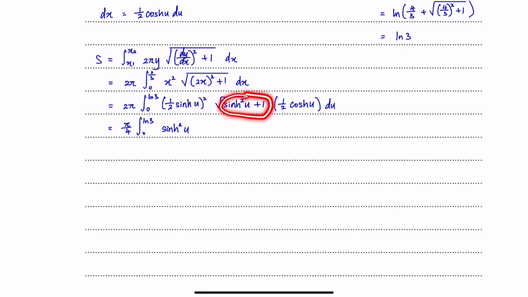Okay, sine squared u plus 1 is cos squared u. And now we can see that this whole thing is basically (sine u cos u) squared.